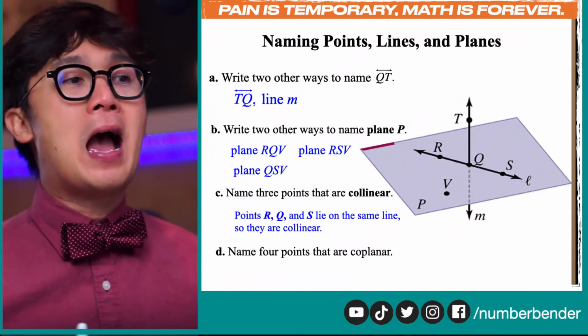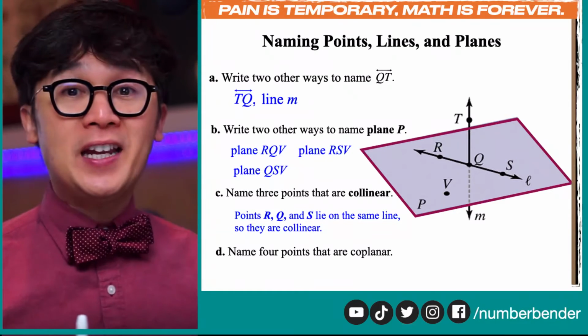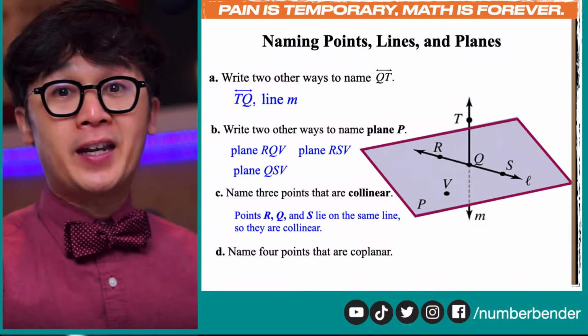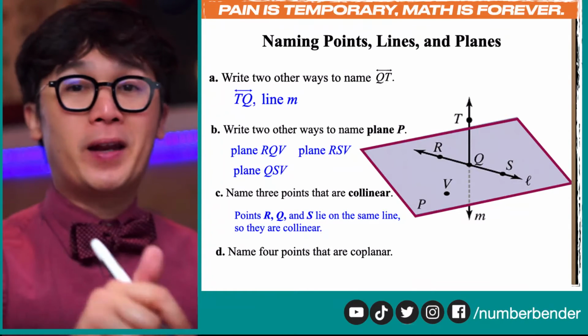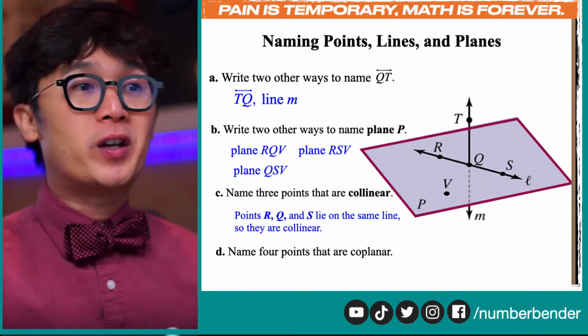At sa huli naman, how do we name 4 points that are co-planar? So co-planar, co means together, and planar or plane, yung ating plane. So on the same plane. So ano yung 4 points na yan?